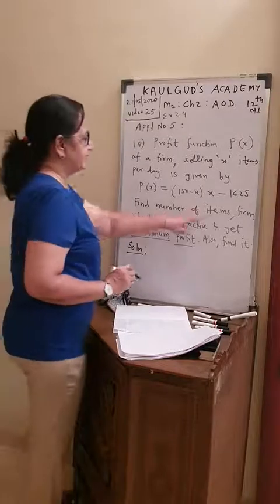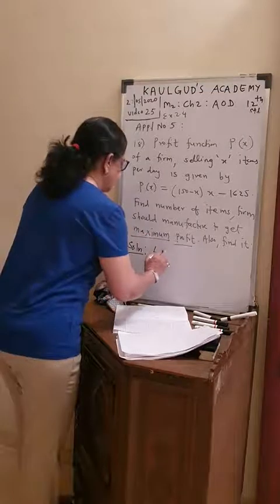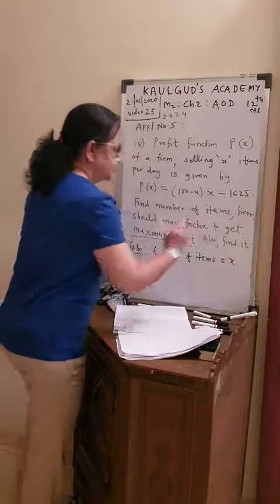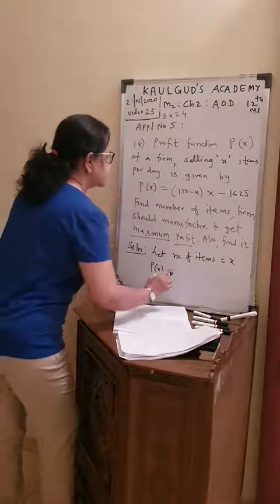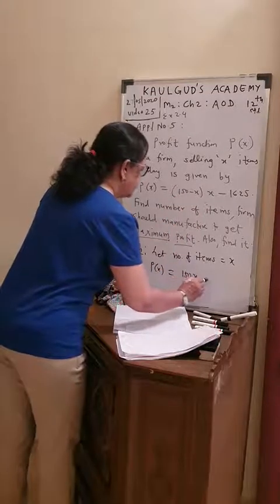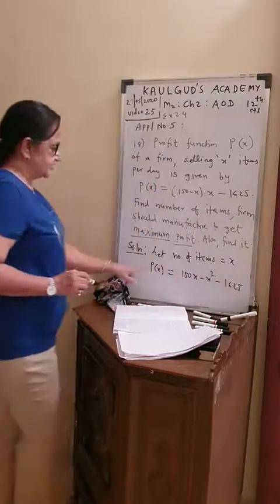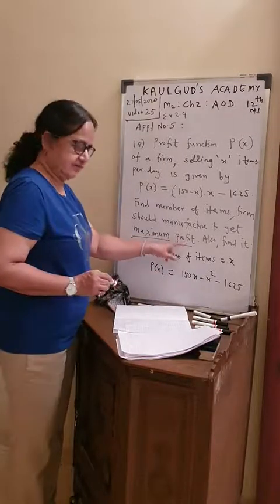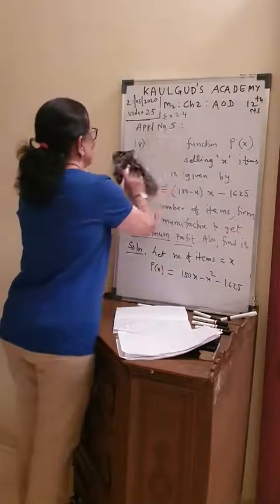Let us assume the number of items is x, so that the company can make maximum profit. So we'll say let the number of items equal x to get maximum profit. Now the profit function Px is given as 150x minus x square minus 1625. So when this profit function is maximum, we want maximum profit, this is maximum provided the derivative is 0, which derivative? dp by dx.